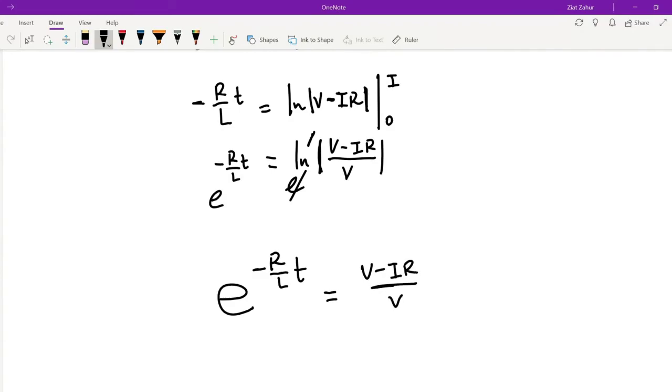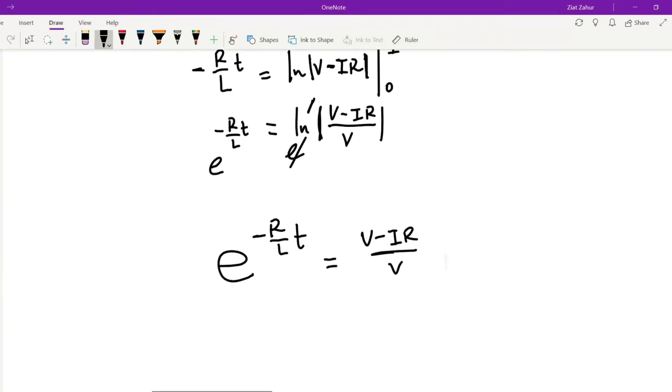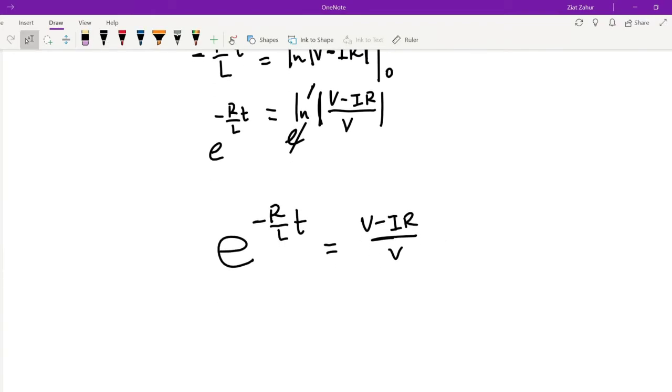over V. And so we'll do some swapperoonie here. Solve for I. So how can I solve for I? Well, if I divide both things by V, I get 1 minus R over V I equals e to the negative R over L t.